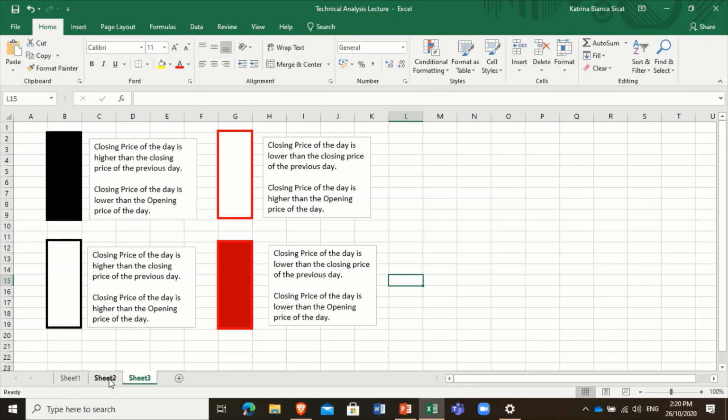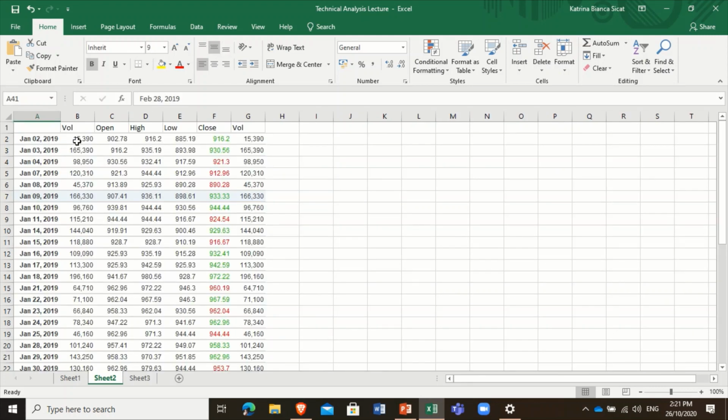Okay. So, using this information, let's try to apply this candlestick formation using this information that I downloaded from the GT Capital stock.